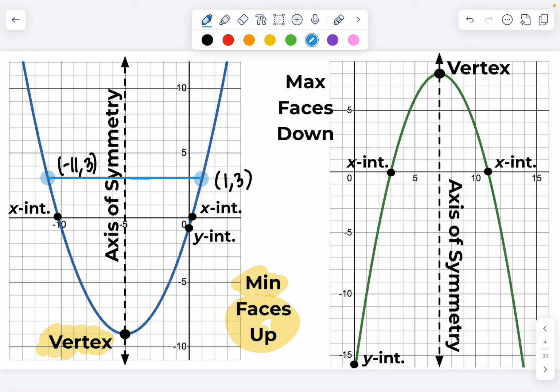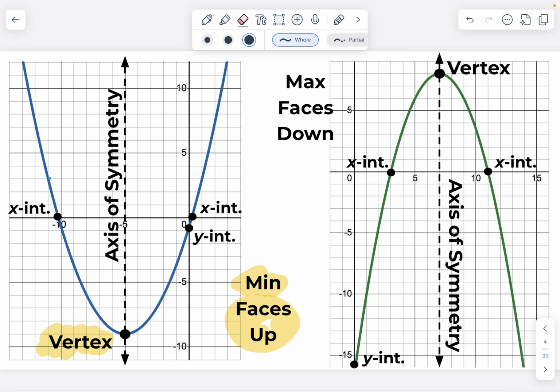So these are at the same y value. This distance from the axis of symmetry is the same distance, and that distance is, let's see, 1, 2, 3, 4, 5, 6. So that distance from that point on either side is 6. That's what our axis of symmetry is doing, and we can use it to think about how our points reflect from one side of the graph onto the other side. So that's a little bit about the axis of symmetry.